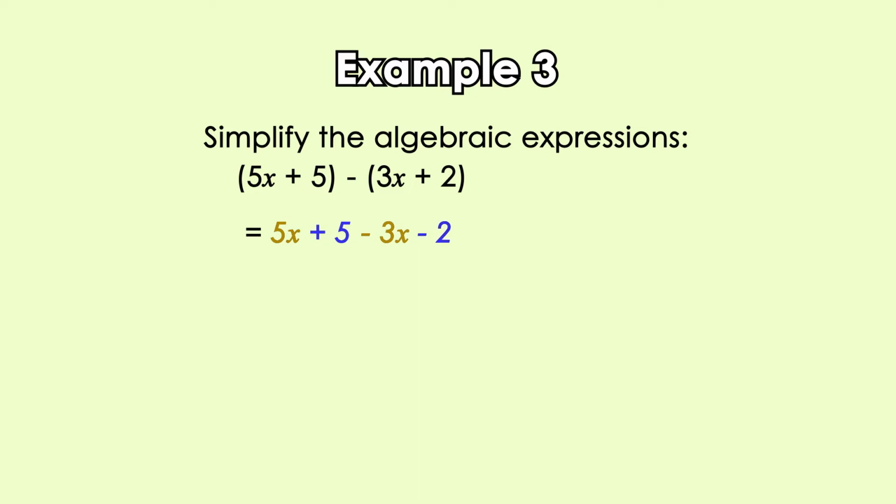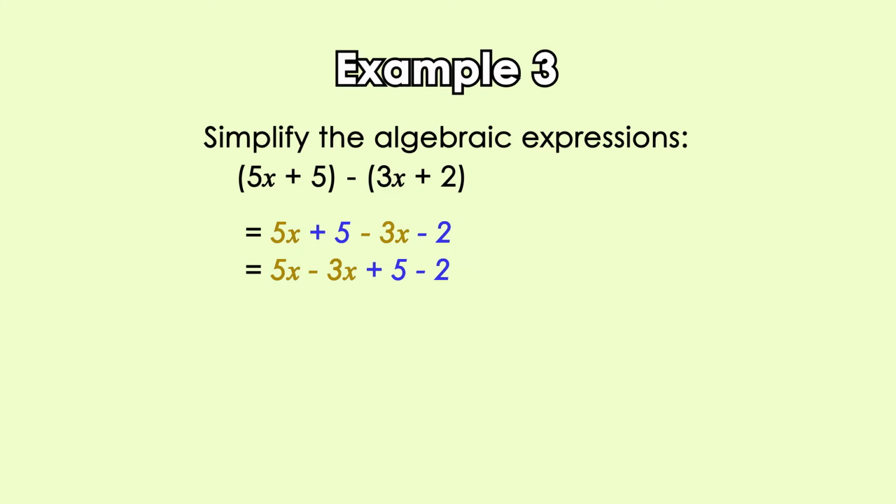The next step is to group the like terms. Move the terms together with the sign in front of them. Would you like to try rearranging the terms? Bravo! We will get 5x minus 3x plus 5 minus 2.